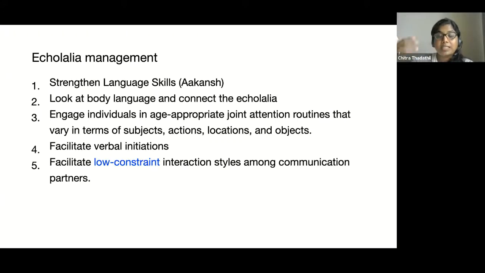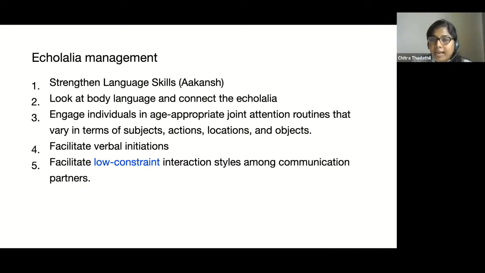So this is the amount of memory that he had, and he could read entire big, huge paragraphs. He could recite the entire movie dialogue without a problem. But when we wanted to communicate with Akansh, it was so difficult for Akansh to give me a give and take or a conversation skill.